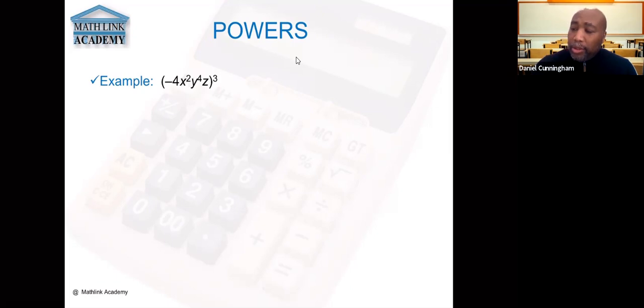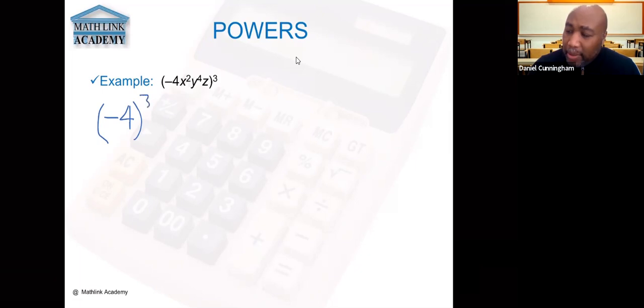Well, what you do is you write down negative 4, that's what we have in the parentheses. And we're going to distribute that third power, or that cube, to each of those terms: the negative 4, the x squared, the y to the fourth, and the z.